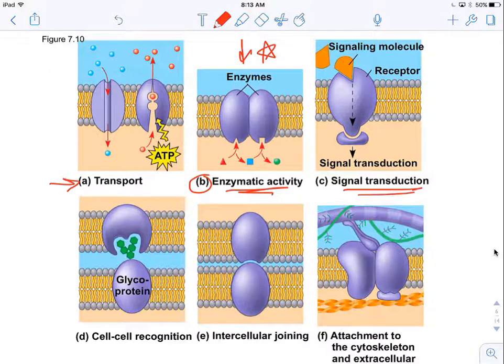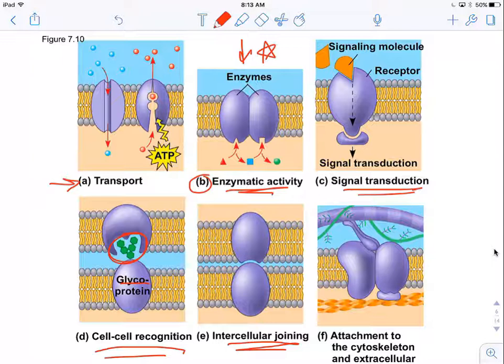Signal transduction helps get messages in and out of cells, tells cells what to do and how to respond to certain situations. Cell recognition helps cells talk to each other and communicate and helps cells find other cells. A lot of the carbohydrates are involved in cell recognition. You'll see this is a glycoprotein, which means it has a carbohydrate.